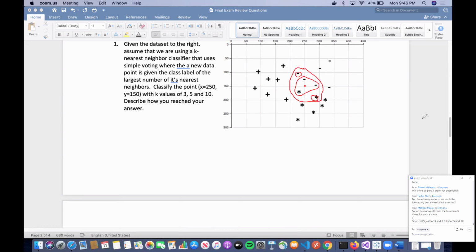And since 3 of the 5 closest points are hyphens, the classification would therefore choose the hyphen. Does that make sense? Okay, good.